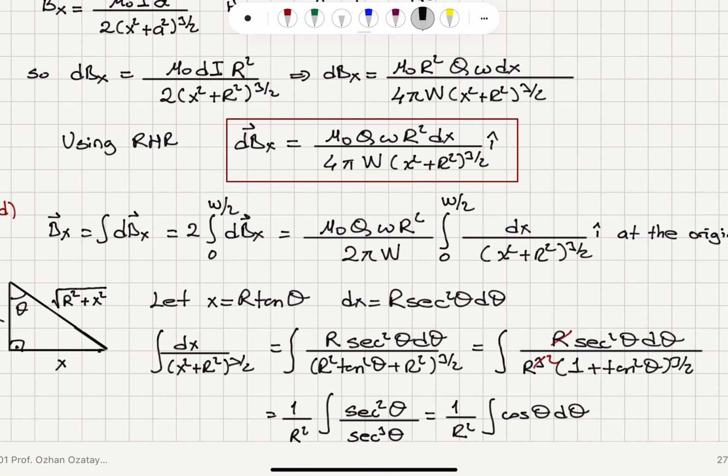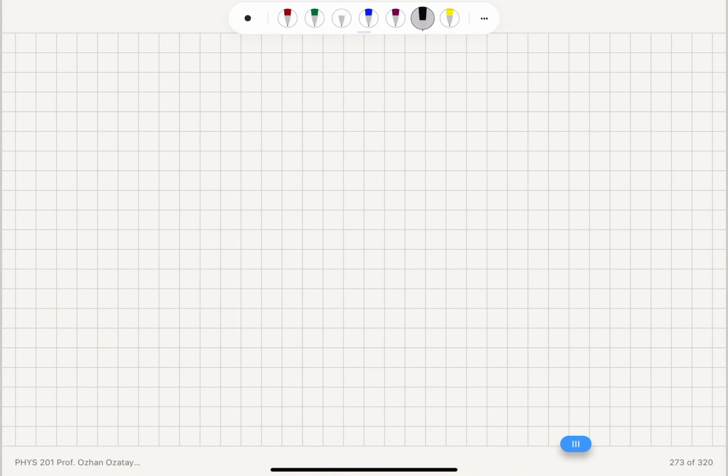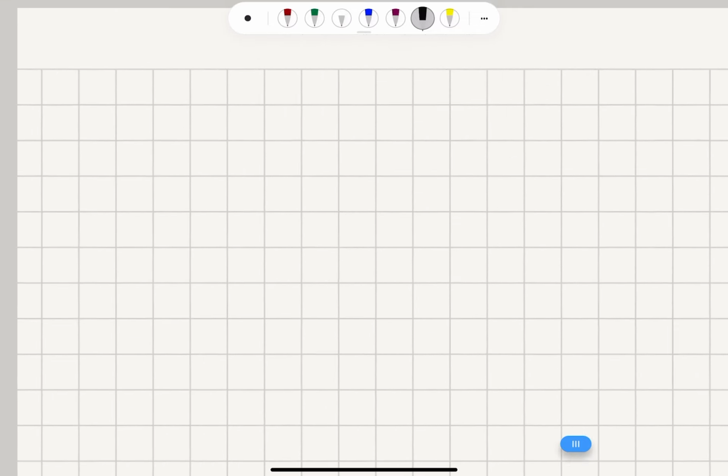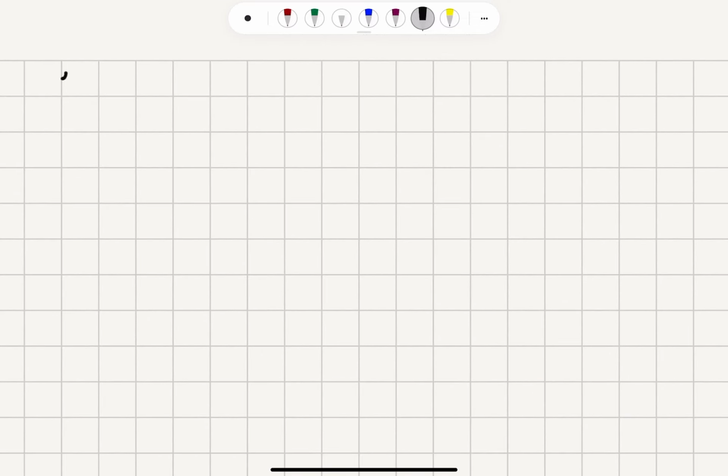Okay, the integral of cosine is sine, so we will have 1 over capital R squared sine theta as the answer.